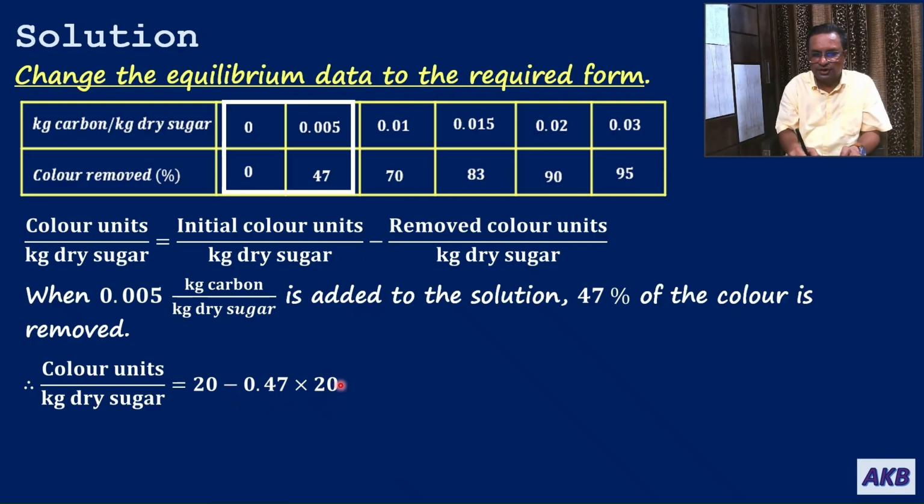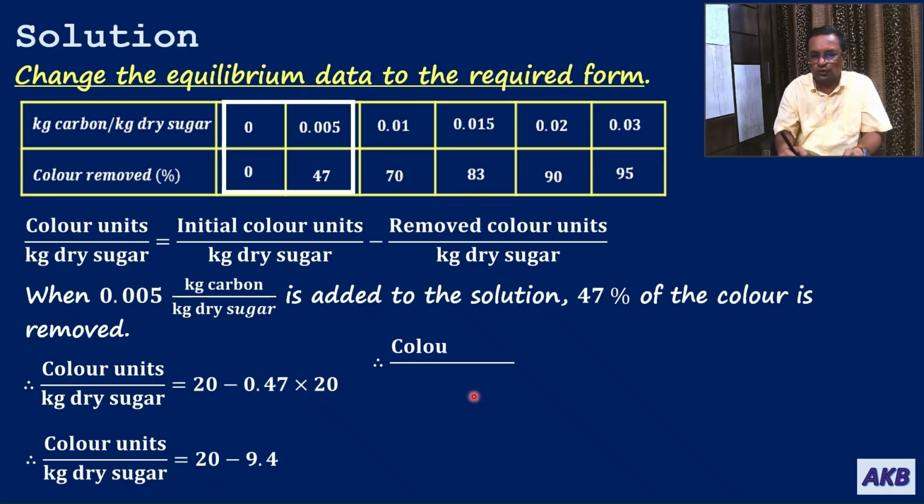So these are the removed color units, and if you subtract those removed color units from the original color units, you will get color units that remain in the solution, color units per kg dry sugar. So color units per kg dry sugar will be 20 minus 9.4. This is 9.4. That is color units per kg dry sugar. It will be 10.6, and this is nothing but capital Y.